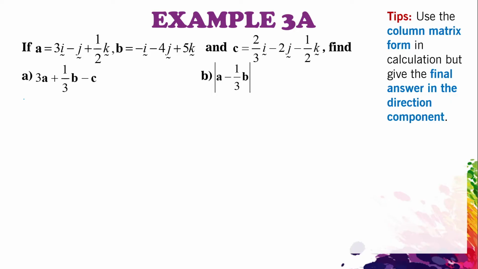Given 3a plus 1 over 3 b minus c, you have to multiply the 3 with vector a and 1 over 3 with vector b, and then we combine with minus vector c. So we bring in 3 and 1 over 3 into the column matrix form of vectors a and b.